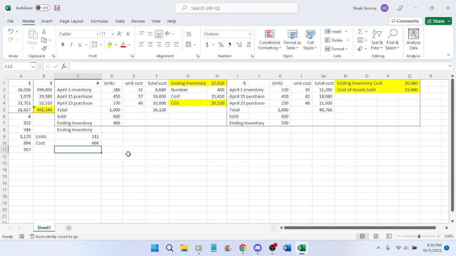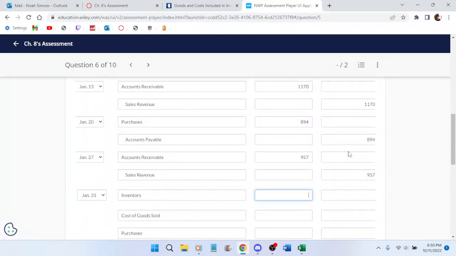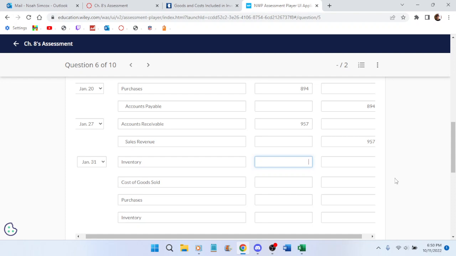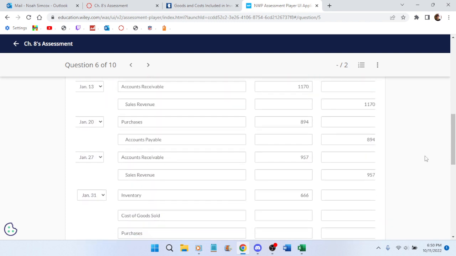So there. Ending inventory cost is 666. Wait, how is it 666? That seems low. I guess that's not low.